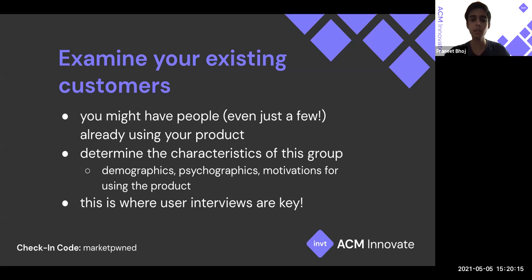And then there's also psychographics, which is more about users' habits and behaviors and the lifestyles they live. And then there are also motivations for using your product specifically. This can obviously be related to psychographics, as the lifestyle might motivate them to use your product.